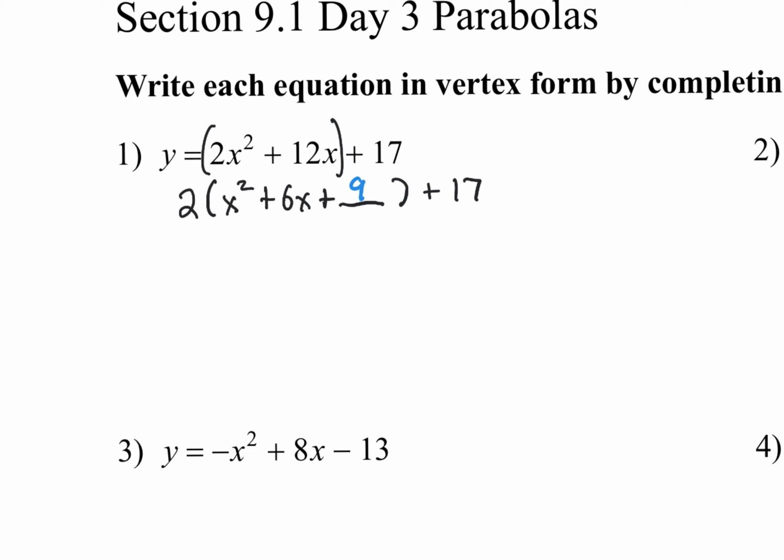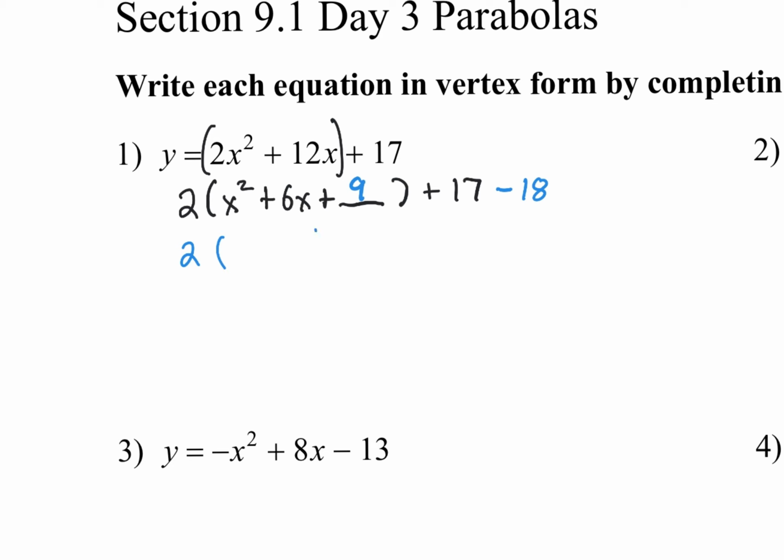So what we're going to do, instead of writing all that, is subtract 18 from outside with our 17. Where yesterday that would have been minus 9, today it has to be minus 18, because that 2 would be distributed through it. Okay. So now the next step is to bring this 2 down.